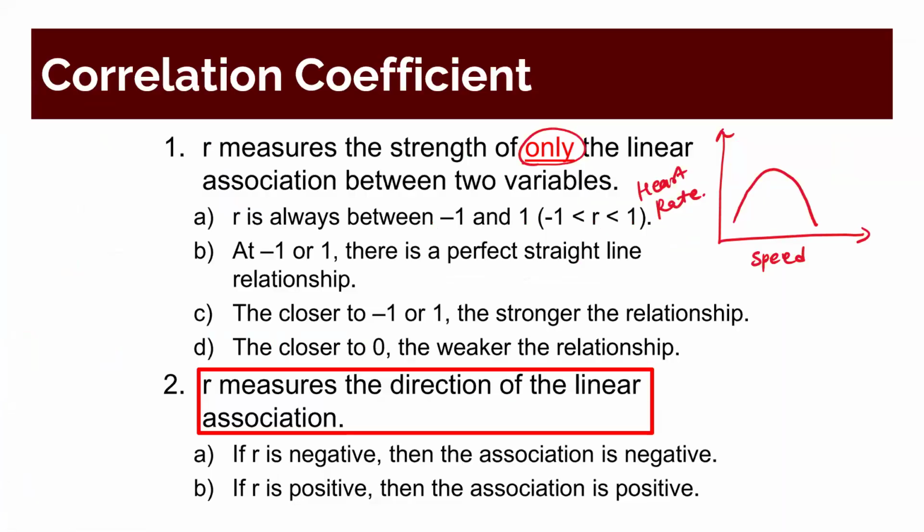What sort of relationship is there? R might be equal to 0, but what I'm asking you is, is there any relationship between speed and heart rate based on this plot? Yeah, it's just not linear, but there is a relationship, right? People confuse this in exams. So when asked if there's a relationship, yes, there is, a curvy one.